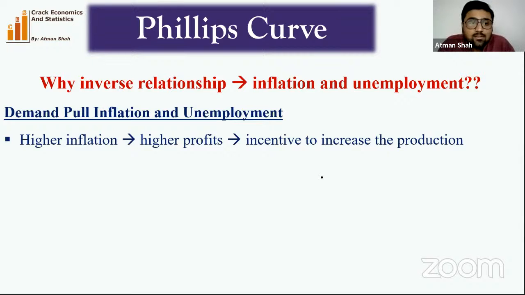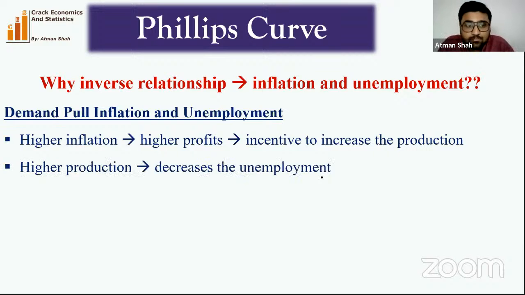So assume that there is higher inflation in the economy. Higher inflation means higher profits, and higher profits give incentive to increase the production. So if production increases in the economy, that decreases the unemployment.